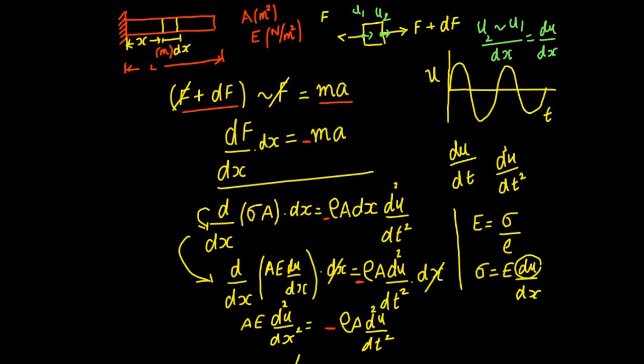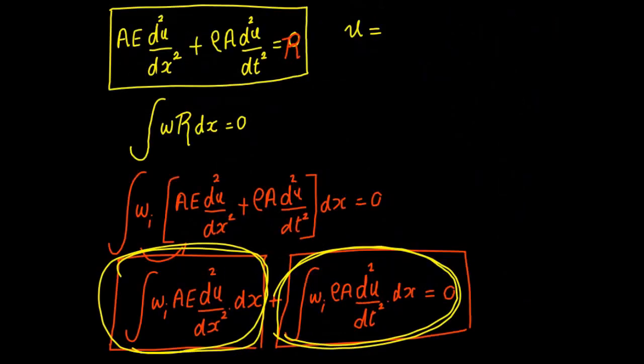Now, this governing differential equation is nothing but the residual. If you have a residual, you can use Galerkin's weighted residual method, which is the integral of the weighing function hitting the residual, integrated and equated to 0.